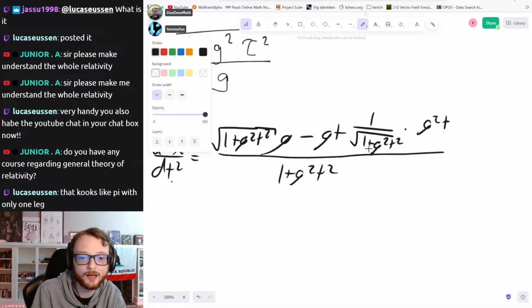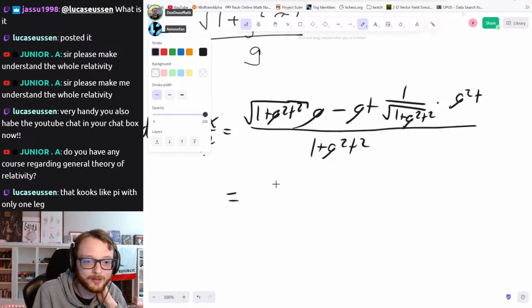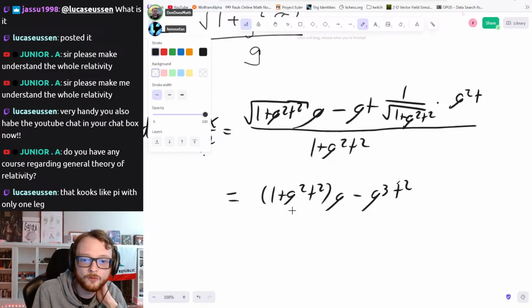Oh, I forgot to write the 2 down there. I had it there mentally. Okay. If I do a dangerous thing and try to get a common denominator in my head and simplify this, g cubed t squared.